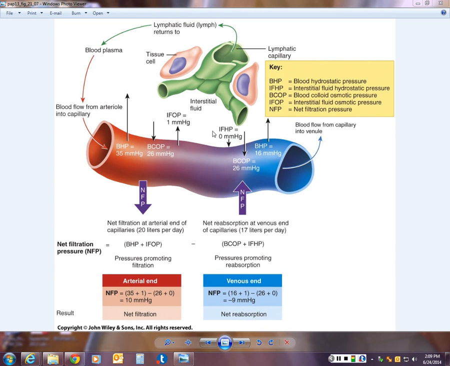We still have an osmotic and a hydrostatic pressure associated with the interstitial fluid. They're very negligible though. Once again, we see interstitial fluid osmotic pressure. This would be due to the solutes in the interstitial fluid, and they're going to try and pull fluid from blood to where they are. Now, we don't have to only concern ourselves with proteins in the interstitial fluid. There really shouldn't be many proteins in interstitial fluid.